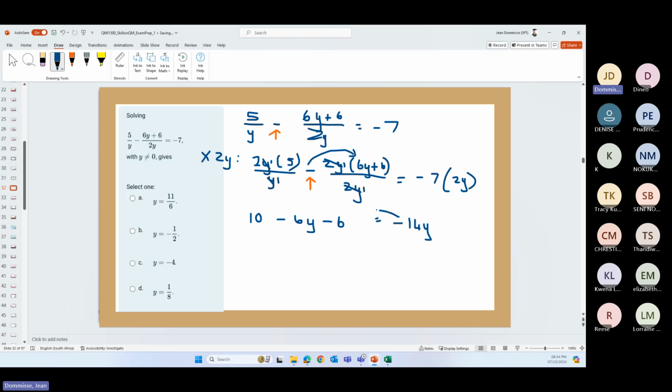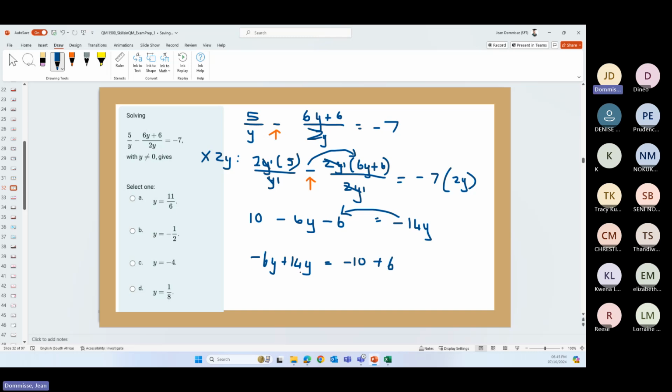So I want to get all the y's on the one side. So minus 6y plus 14y is equal to, 10 goes to the right hand, so it becomes minus 10. The negative 6 goes to that side, so it becomes positive 6.